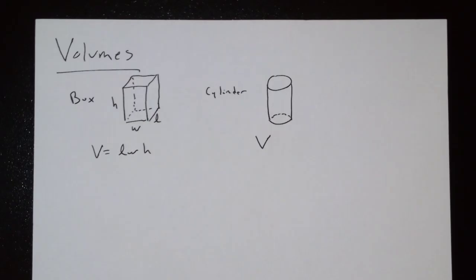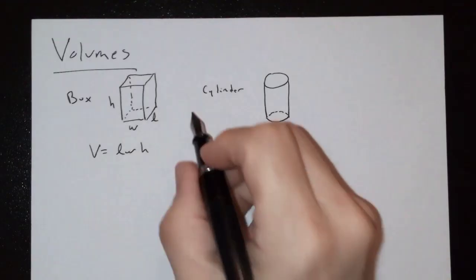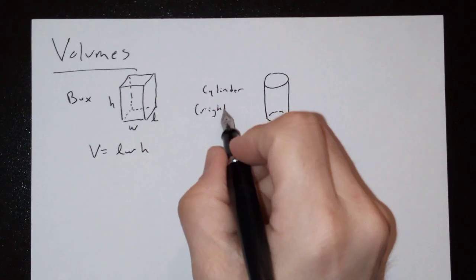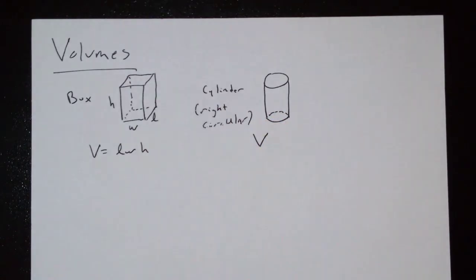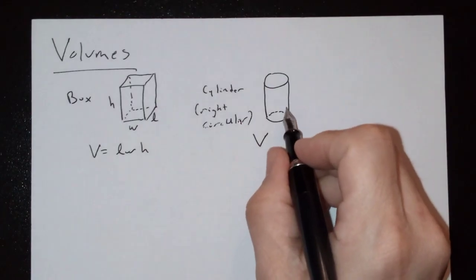What do I mean by those things? Circular because the bottom and top are circles, and right because the base makes a right angle with the side. So the angle here is a right angle.